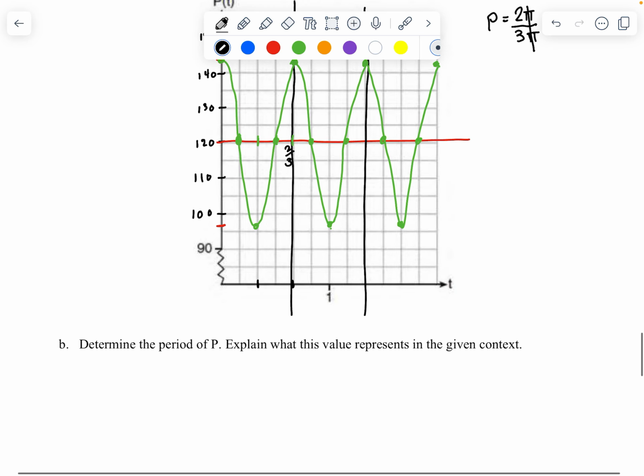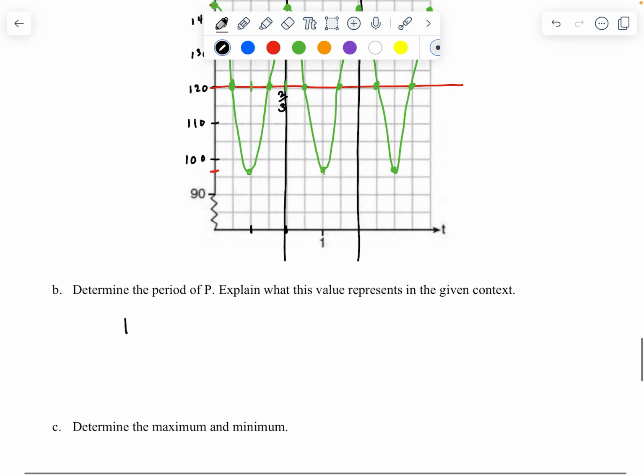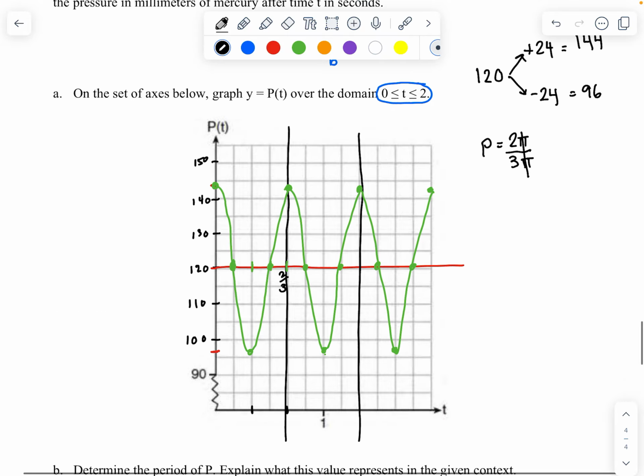All right, now at the bottom it says determine the period. Well, we just did that. I did that up top, so I'll just reiterate it here. It was 2 pi over 3 pi. And explain what this means.